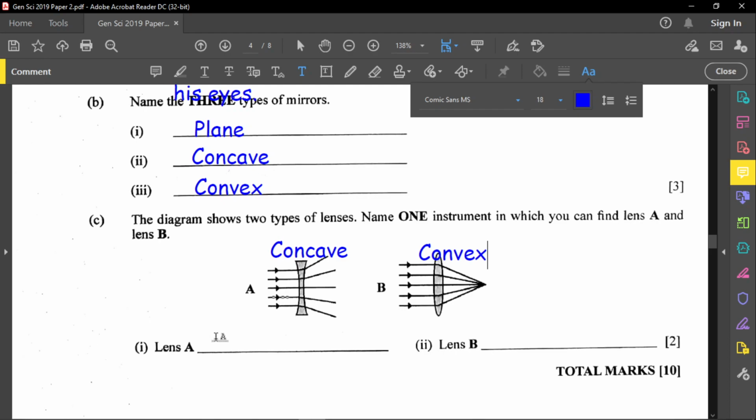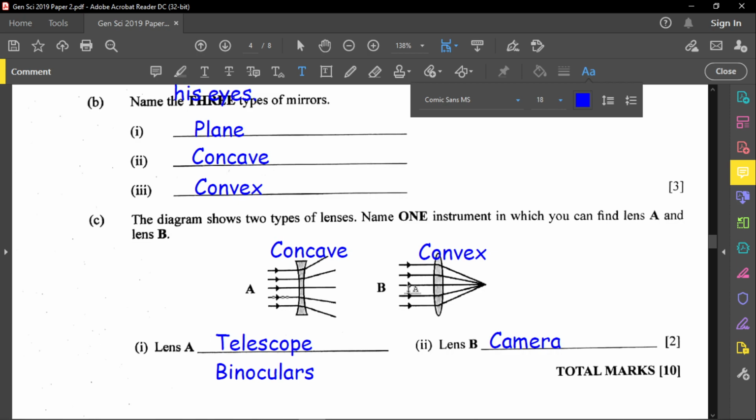Where you can find a concave lens, you may find them in telescope. You may also find them in binoculars. And for convex lens, you may find them in camera. You may also find them, well, both of them could be found in eyeglasses as well, especially your test glasses.